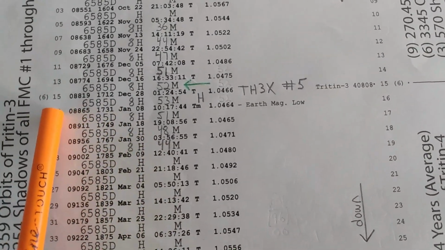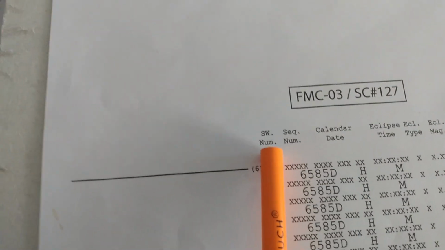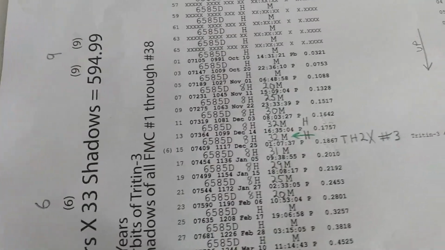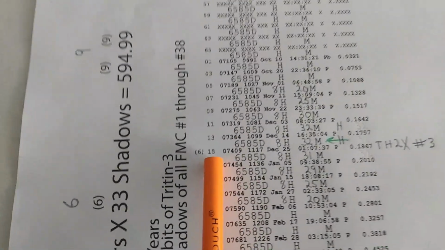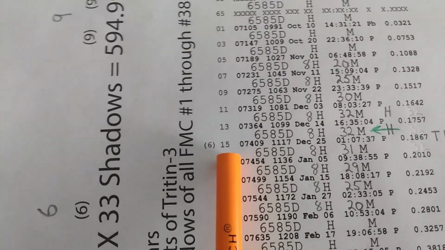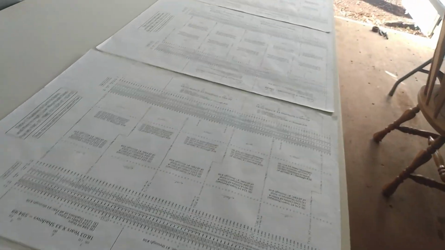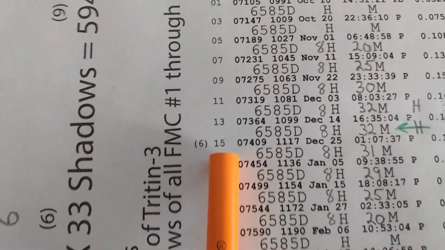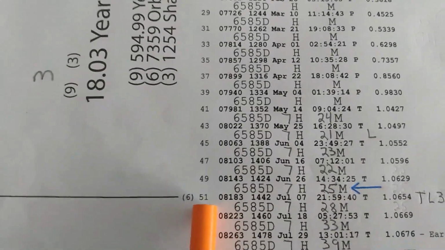The reason why, if you look here, is another very interesting thing, because this is the shadow wheel number running down here. All these right here are going to land on their shadow wheel numbers of 15 and 51 on all the odds. Every single one of these is going to land on this same shadow wheel position of 15 and 51.